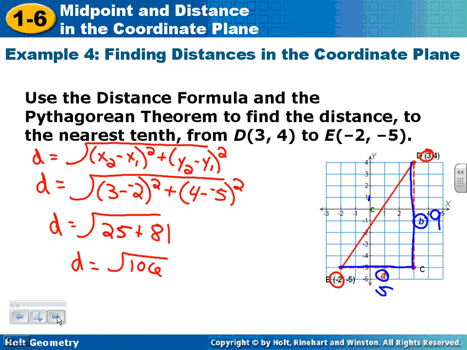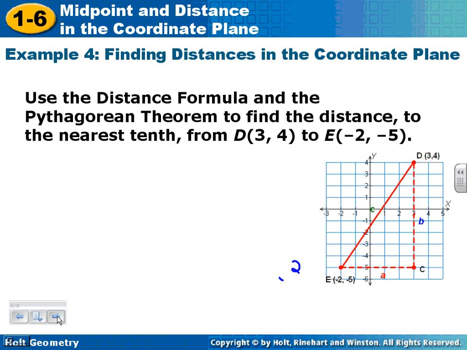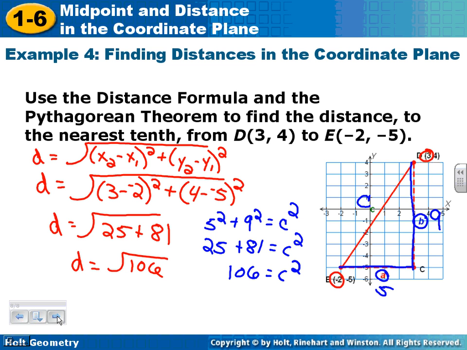And we'll call this one up here C. So we want to write 5 squared plus 9 squared equals C squared. Or in other words, 25 plus 81 is C squared. That should look familiar. That's 106 equals C squared. So C would be the square root of 106. So we got the same answer, just doing it two ways.